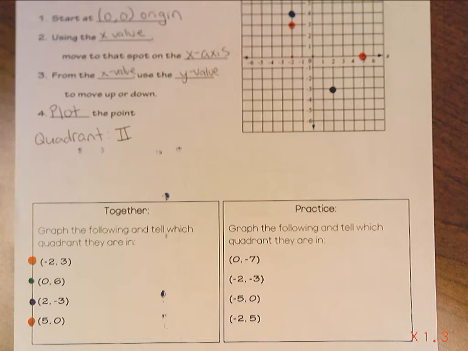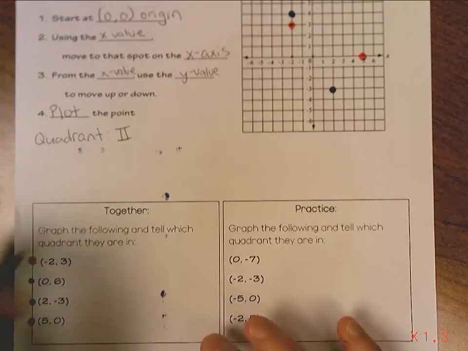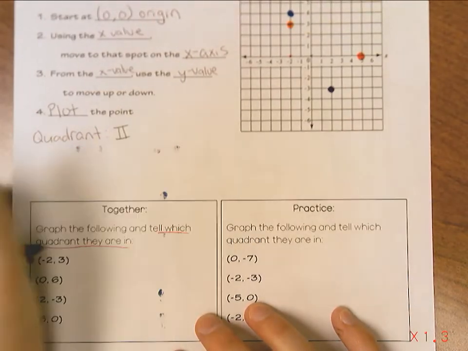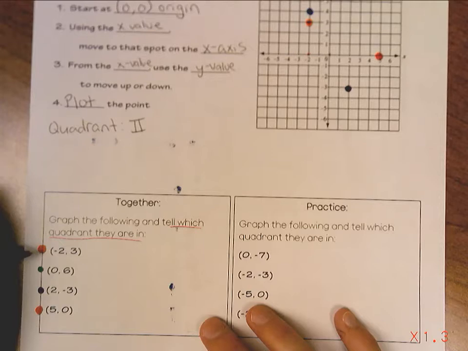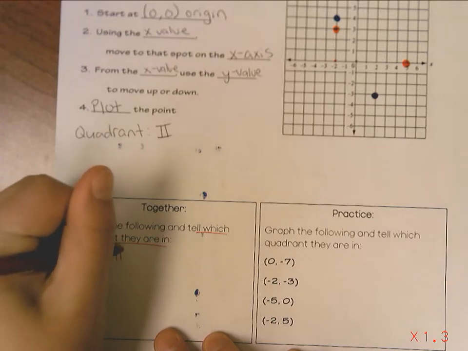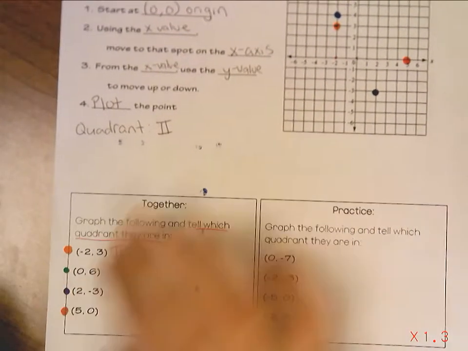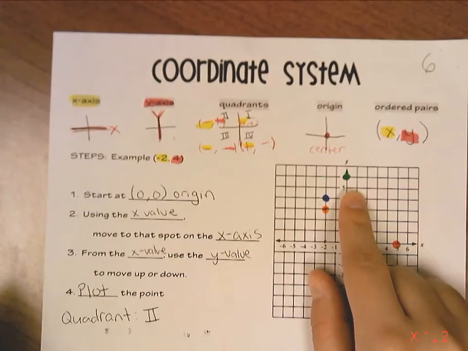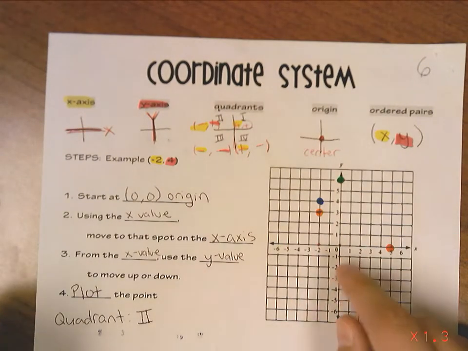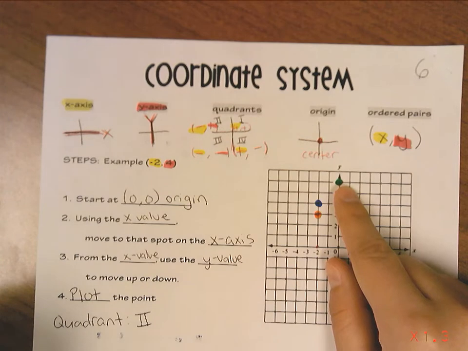Okay. Now, the next step is to tell which quadrant they are in. So we have our orange dot. Our orange dot is in quadrant 2. Then we have our green dot. Our green dot, if you notice, is not in a quadrant. It's not on a side. It's directly on which axis?